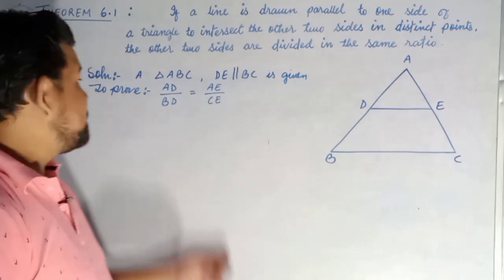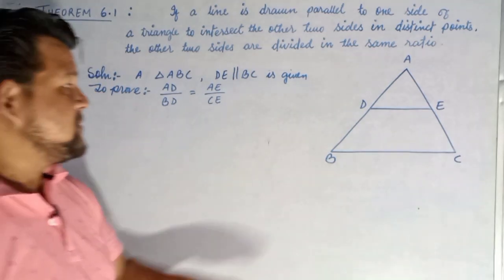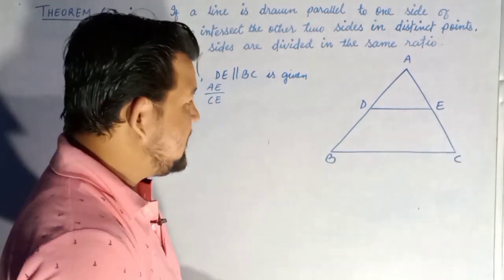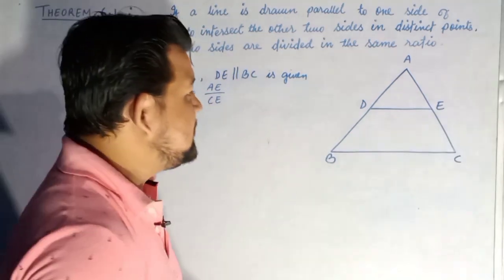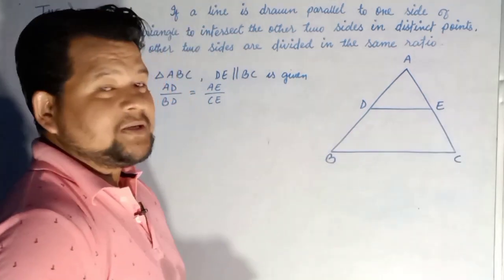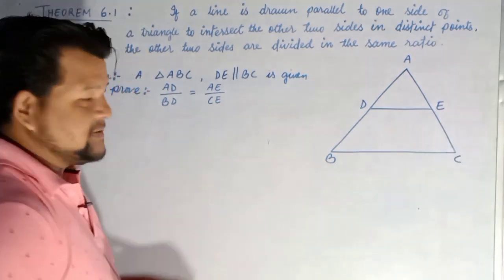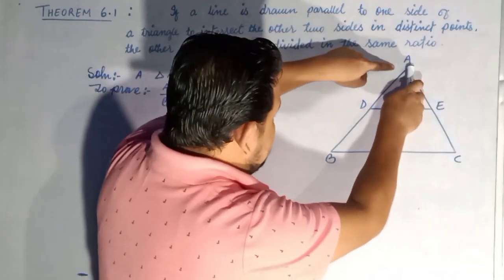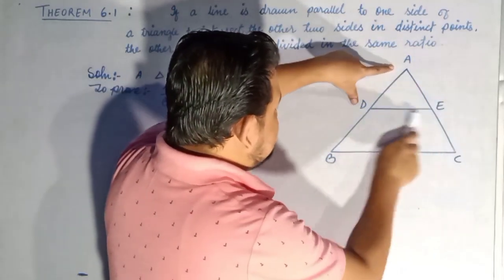Now to prove this we need some constructions here. Let us see what construction we need and what steps we are going to follow so that we can get our answer. First let us construct. In triangle ABC we can see DE is parallel to BC.